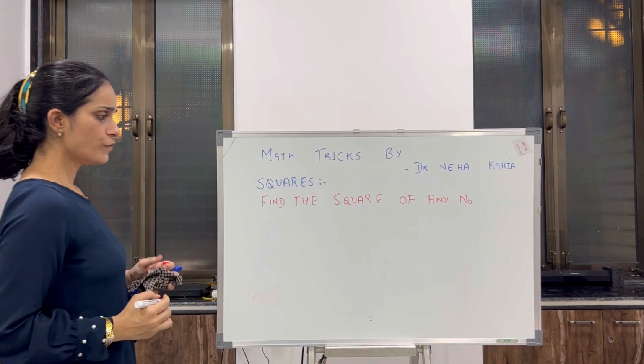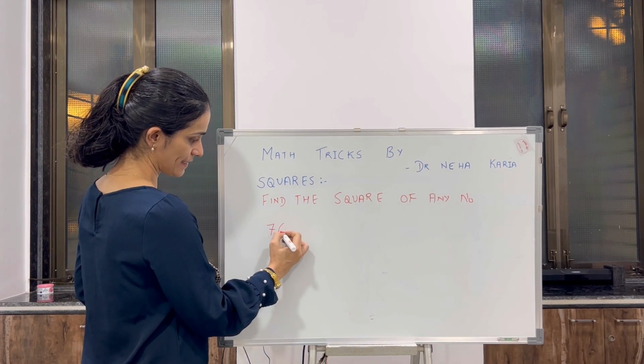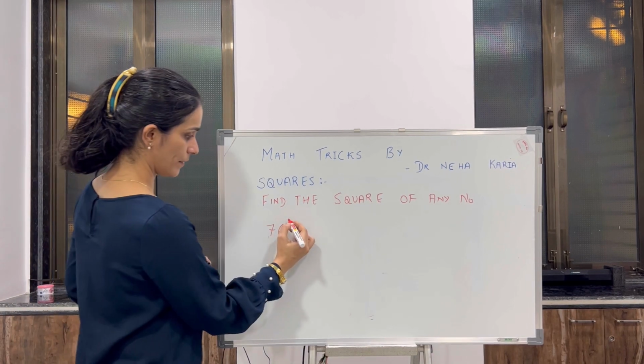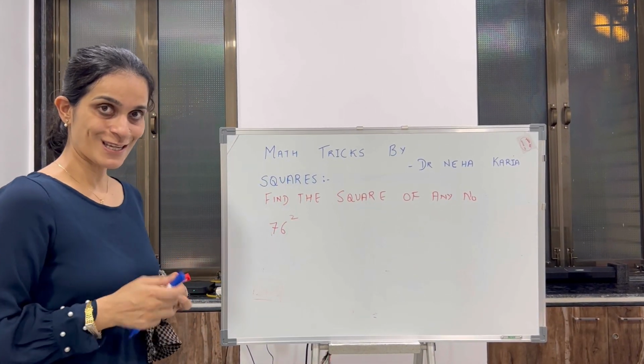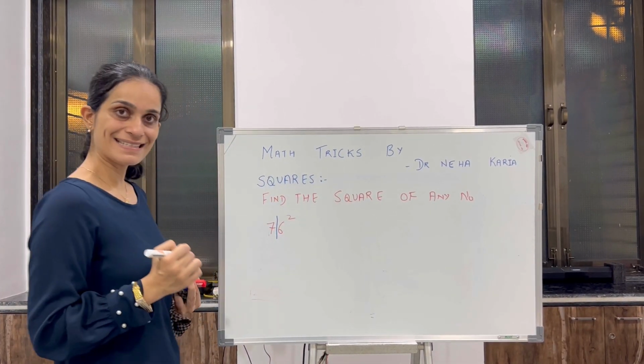Alright, first one that I take is 76. Okay, now 76 square. Alright, I break the number 76 into two parts, 7 and 6.